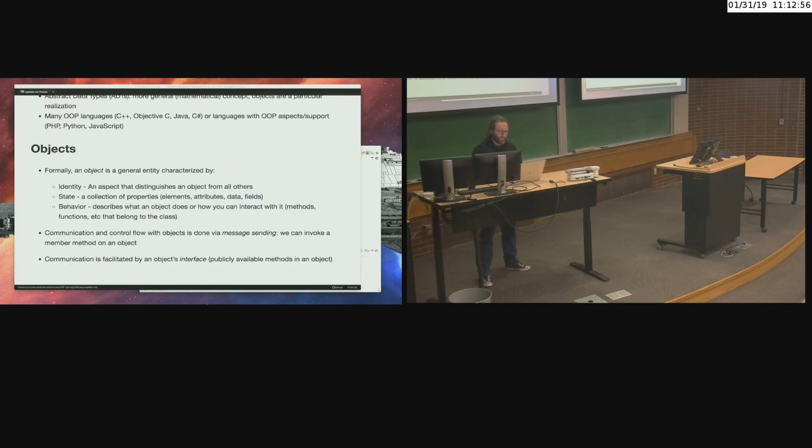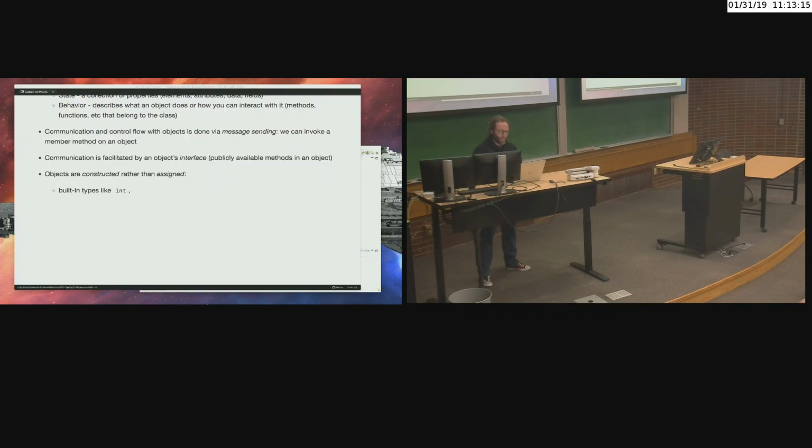Another difference with traditional, say, structured programming language like C is that objects are constructed rather than assigned. Right? So, for example, built-in types like, say, int or double, right, are known to the language and the compiler, and it knows, I'll put that into quotes there, it knows how to build and assign a value.